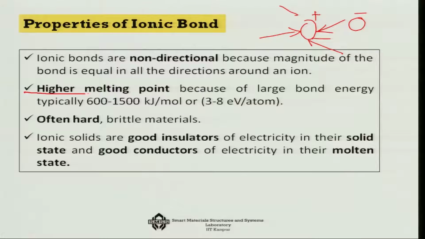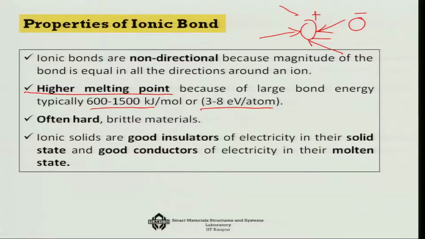Wherever there is predominantly ionic bonding, they have a high melting point. Why? Because the bonding energy in an ionic bond is pretty high, something like 600 to 1500 kilojoules per mole, or 3 to 8 electron volts per atom. You need a lot of energy to break this bond, which means a high melting point.